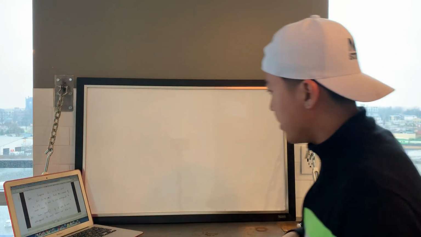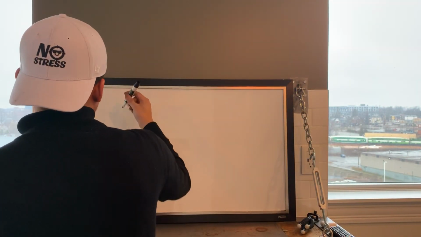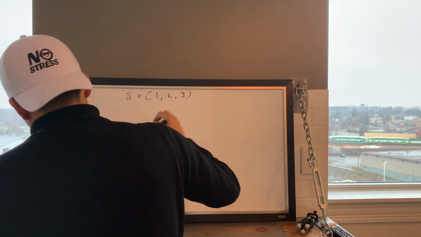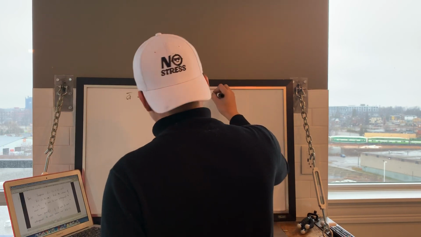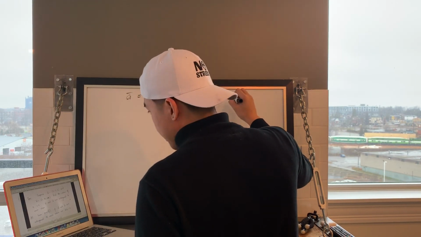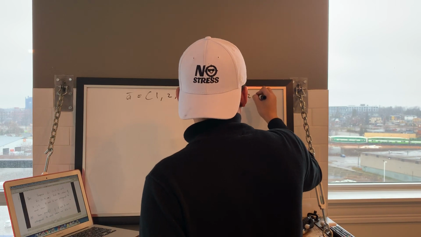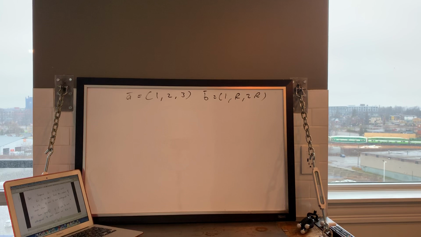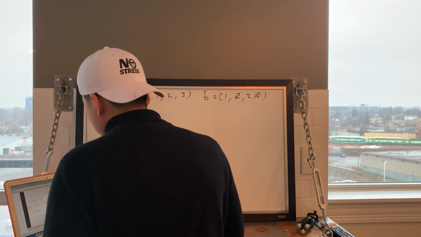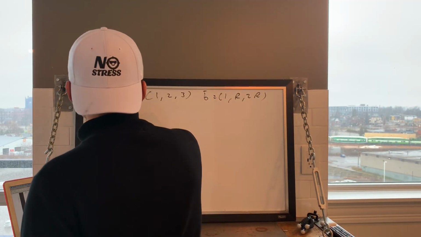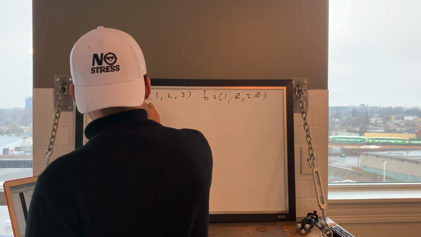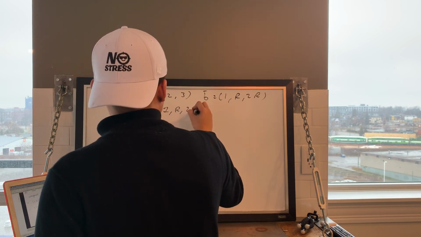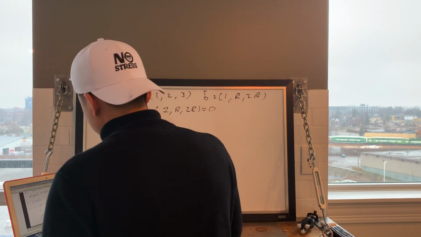So if we're given the fact that A is this vector, literally just in R3, 1, 2, and 3, and B is 1, R and 2R, right? You want to find the values that make them orthogonal to each other. Meaning by definition, we have to have the two dotted to equal 0, essentially.